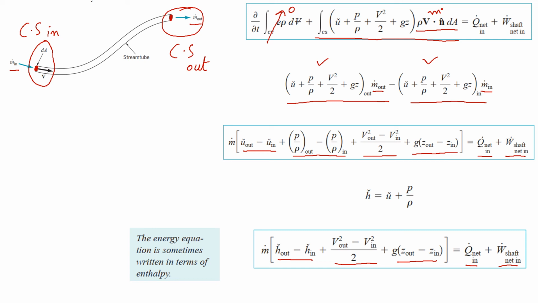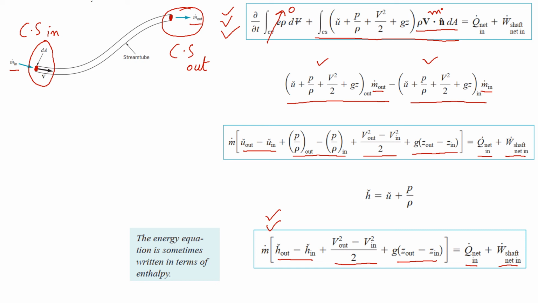So this is our energy equation, and as you can see, it was derived by using the first law of thermodynamics and the Reynolds transport theorem, and by taking the extensive property as energy and equating it to the change in energy, we got our generalized energy equation, and also the equation in terms of enthalpies.